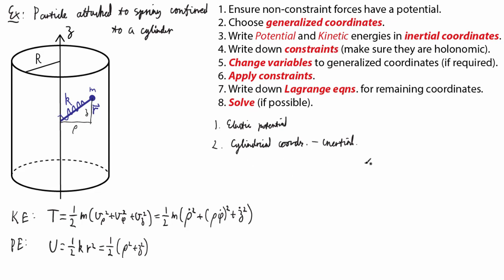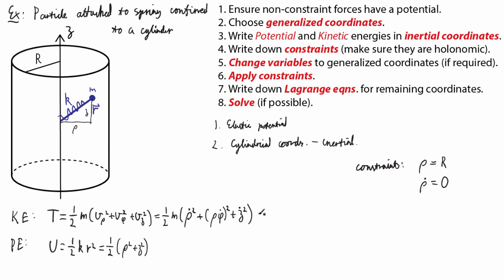Constraints. Well, the constraint is that the mass can only move on the cylinder. So that means specifically that this variable rho here has to be equal to R. So rho equals R, and rho dot equals 0 because R is a constant. Okay, change variables, doesn't apply.